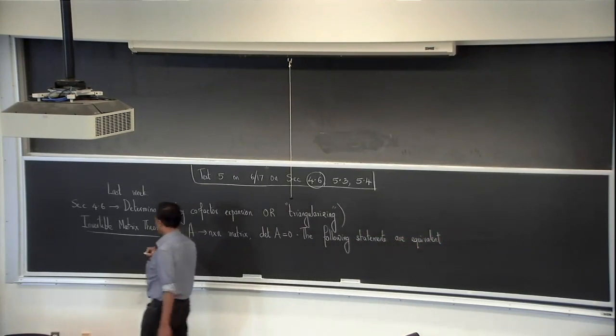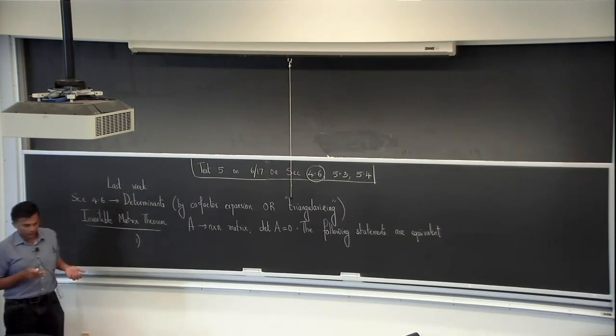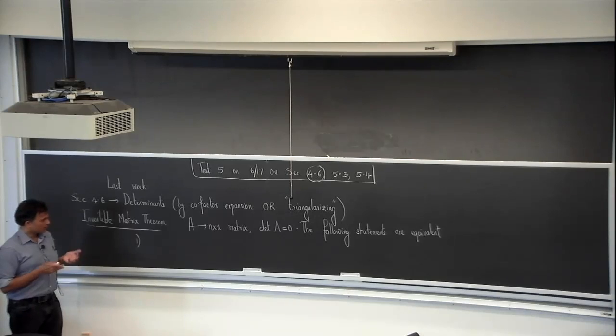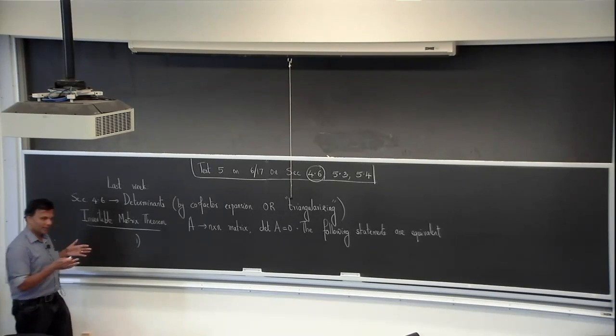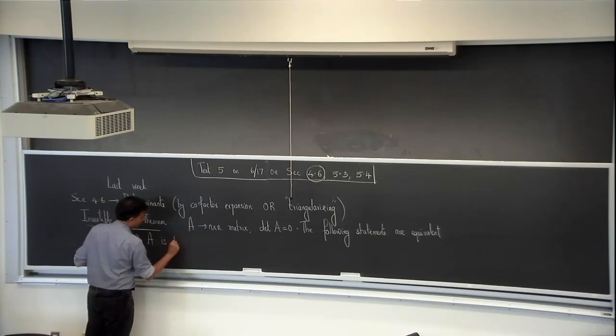So statement 1, the determinant is equal to 0. That is one of the strong statements that would mean that the matrix is no longer invertible. So A is not invertible.